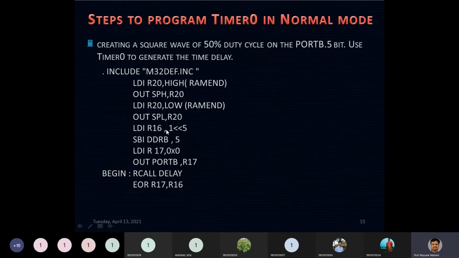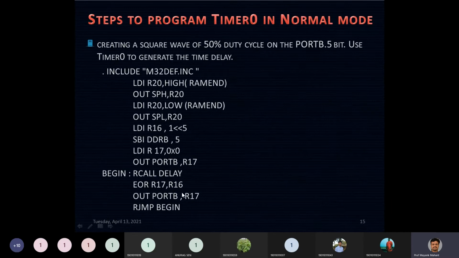We have loaded 1 in the 5th bit, so the XORing operation will toggle the value of pin number 5 of port B, and then we will send it to port B and jump back to the beginning.